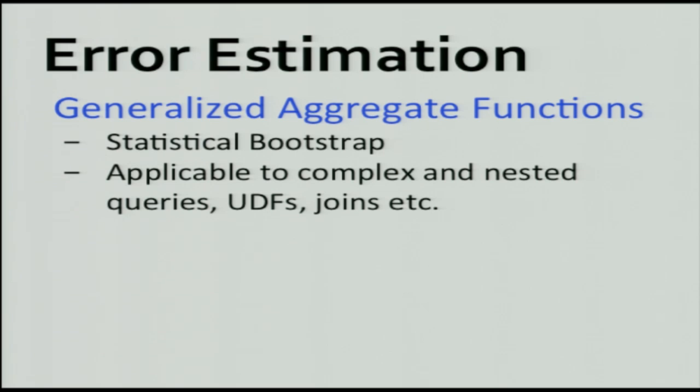So all in all, bootstrap, being a statistical estimation technique, is fairly generalized. Now, the key idea behind bootstrap is actually to resample from this original data, and you continuously resample from this original data and then execute the queries on these samples. The answers that you get by executing multiple queries on these samples then give you an idea of the error that's associated with the query.